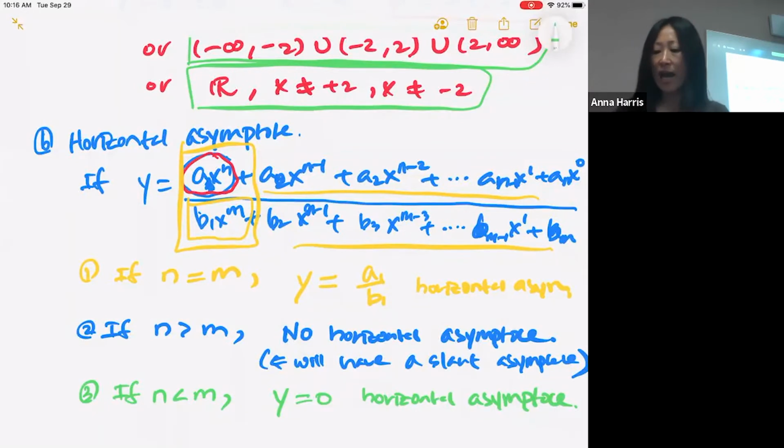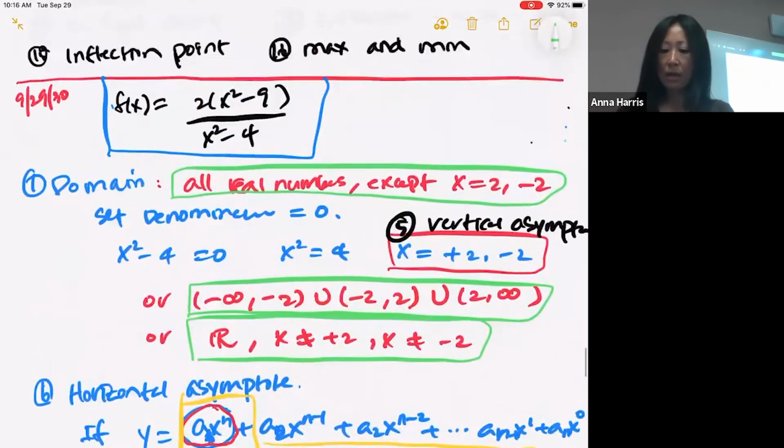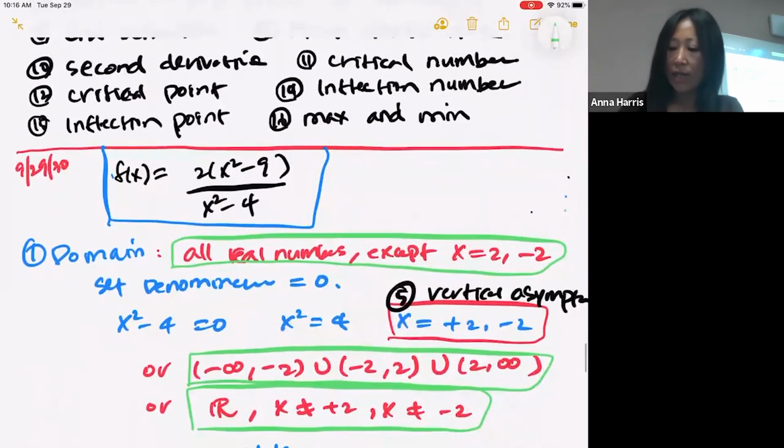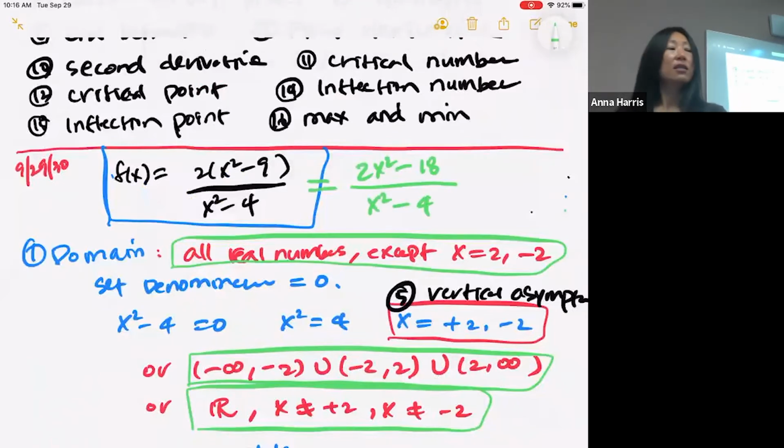So now let's look at our case. What is ours? So let's expand this. We have 2x squared minus 18 over x squared minus 4, right? So what is our case? Is it the first case or second case or third case?